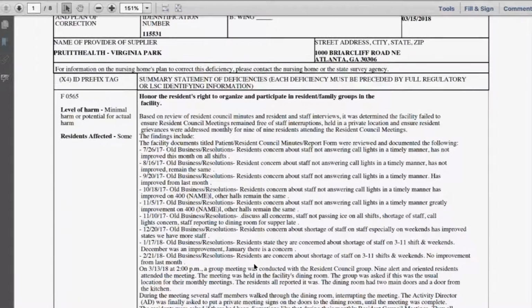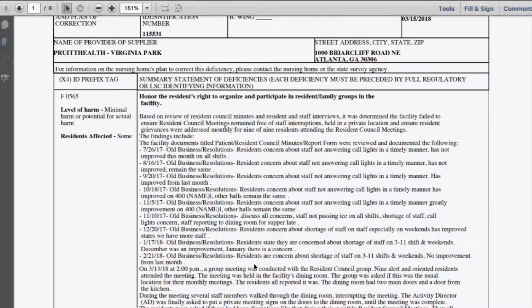Why this is really important and valuable to residents and families and anyone who's working with them is that you can see exactly what problem has been identified. So again, you're not seeing every problem identified. I just want to make that very, very clear. But you're seeing when a problem was identified by the inspector, when it was substantiated, and how.